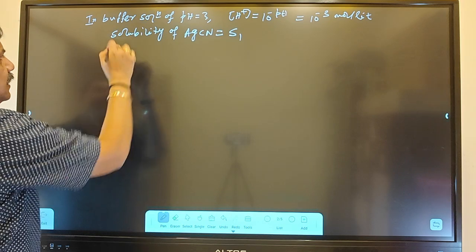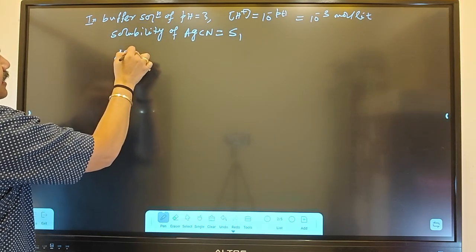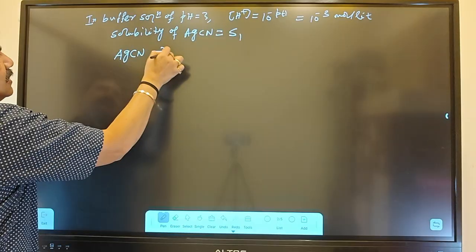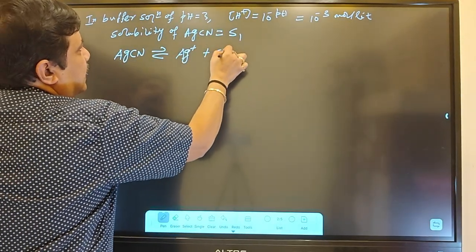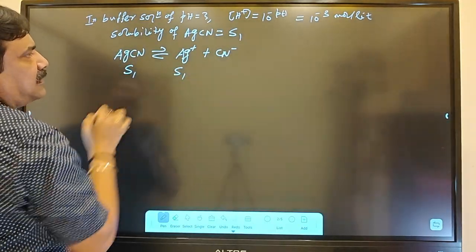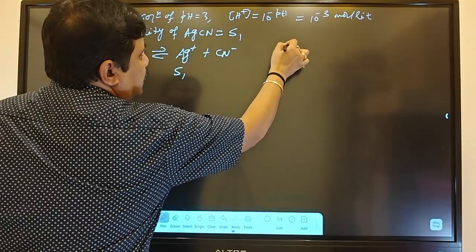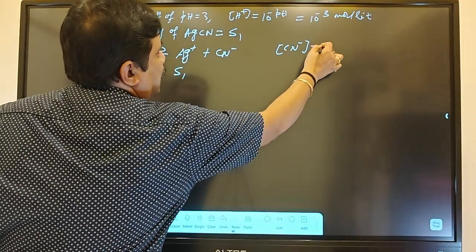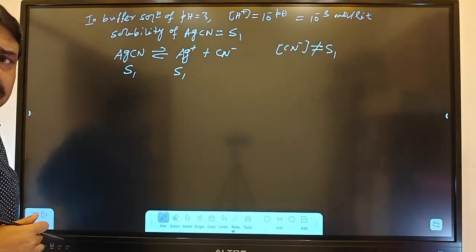Then immediately I can write down that AgCN will be dissociated into silver ion plus cyanide ion. Now if the solubility is S1, the silver ion will be S1, but the cyanide ion will not equal S1, because it will undergo some side reaction.